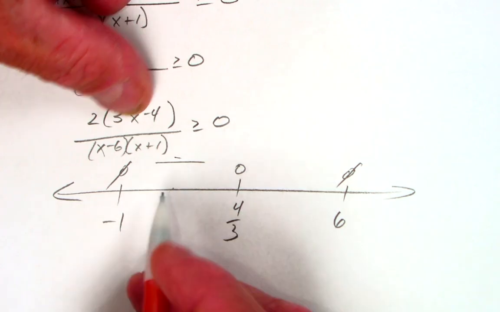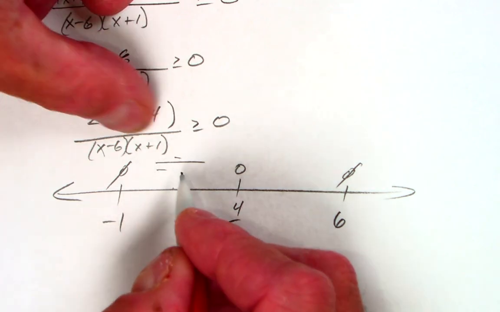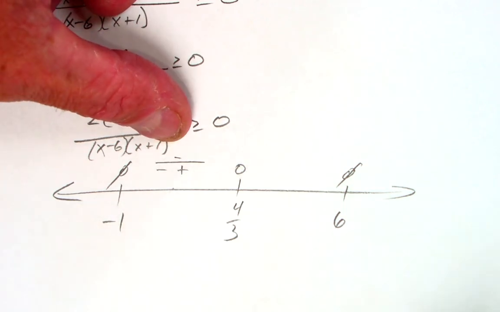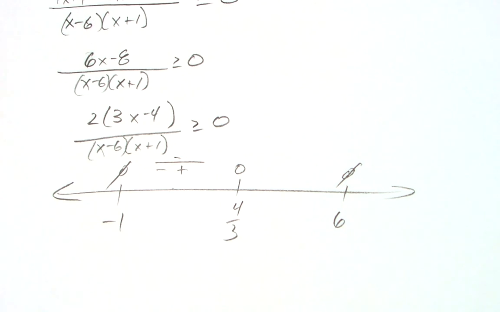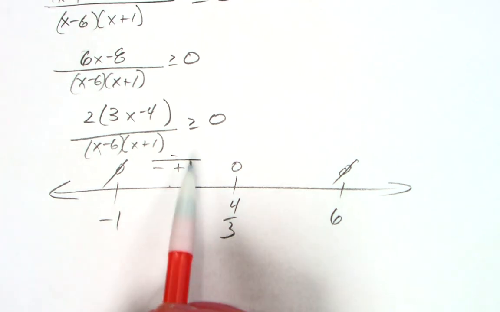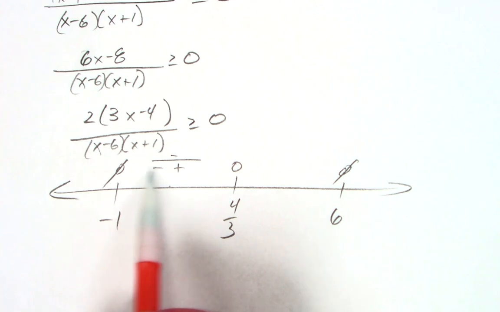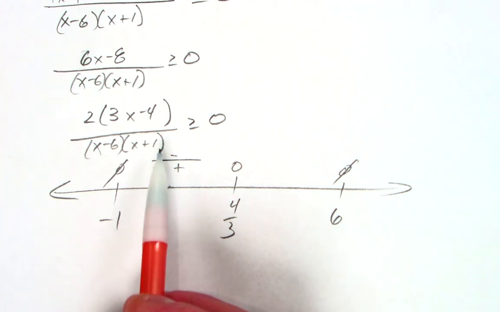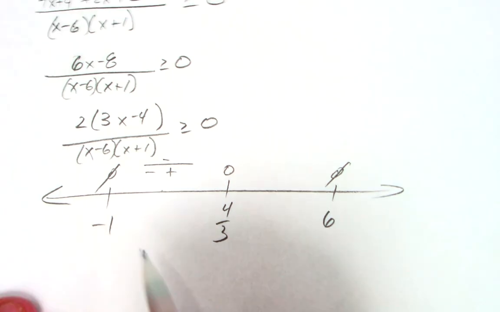The top is negative, and the bottom is negative and a positive. Okay. So what's that going to be? Negative. The top is negative. The bottom would be what? Negative. So a negative divided by negative is a positive.